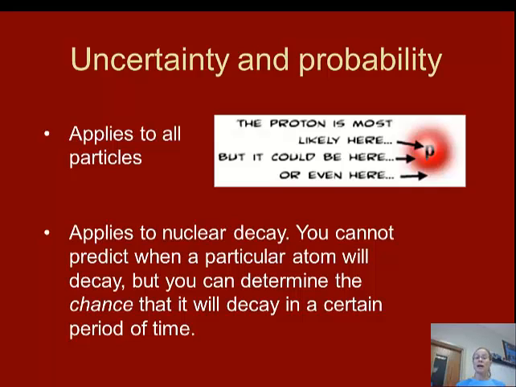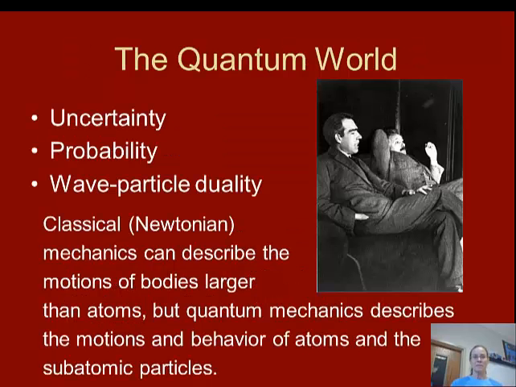But this also applies to nuclear decay, and you'll see that you can't predict when a particular atom will decay, but you can determine the chance that it will decay in a certain period of time. So you can measure the probability of that decay, and we have some values that are pretty accurate about when so many of the atoms will have decayed. But you cannot precisely determine when one atom will go through a decay event.